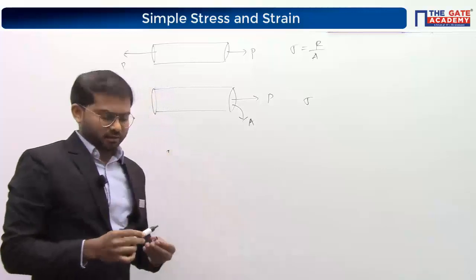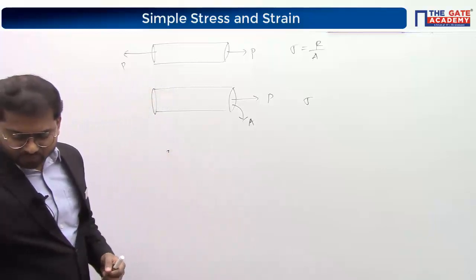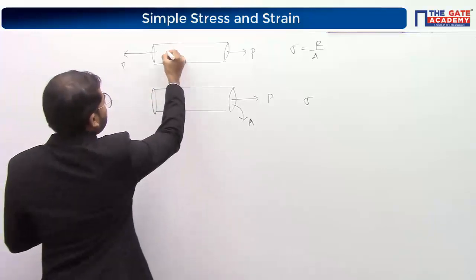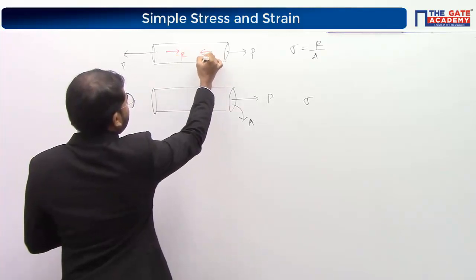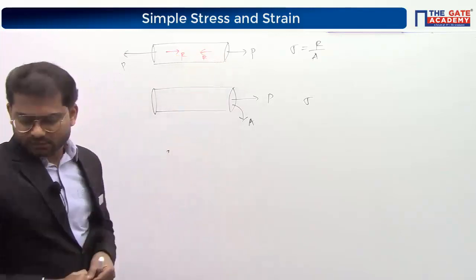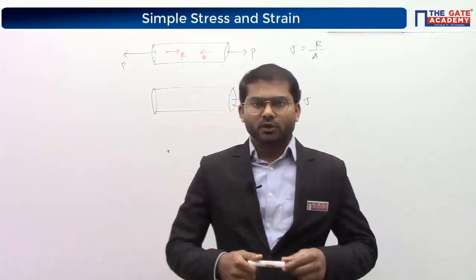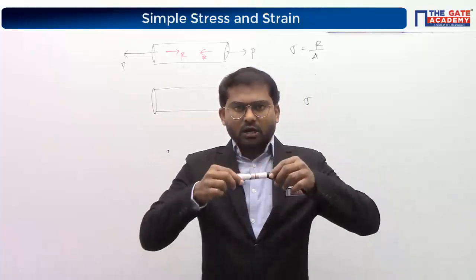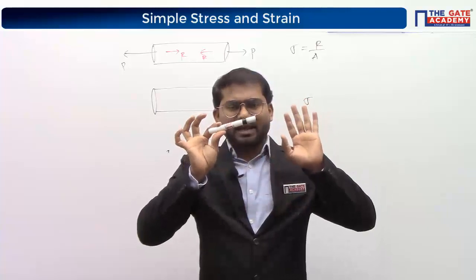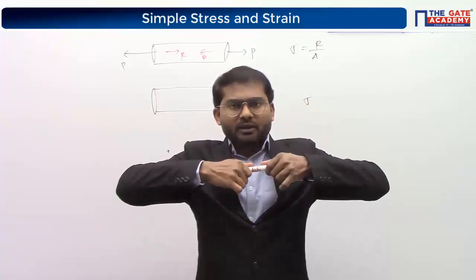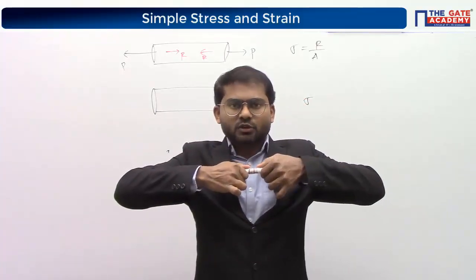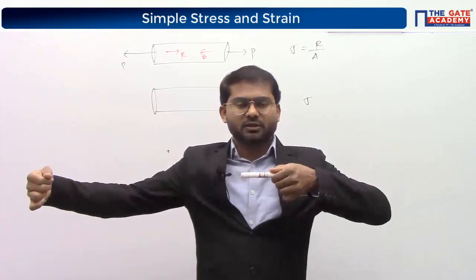So what is R? R is called the internal resistive force produced inside the material. Let's assume it's an eraser or some elastic rubber. You apply a force P in this direction and P in this direction.